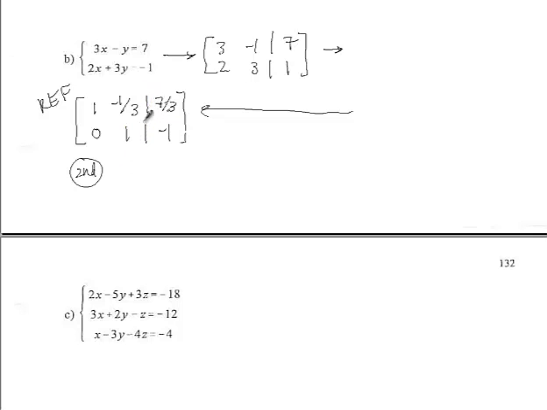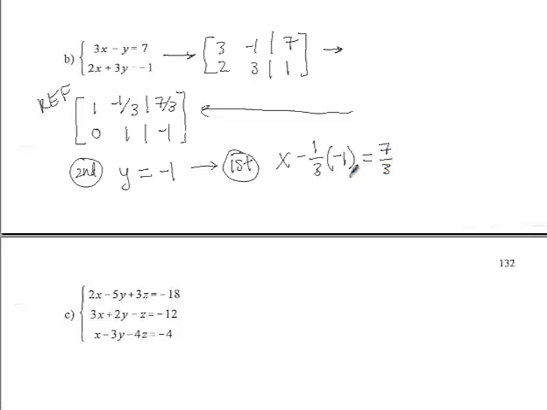The last column are constants, and so we have an x and a y for the variables. 1y, the vertical bar here represents our equal sign, so y equals -1. We take that and substitute it into the first row, which represents our first equation. Our coefficients are 1 for x, -1/3 for the y, but the y is a -1. So instead of writing y, just put in a -1.